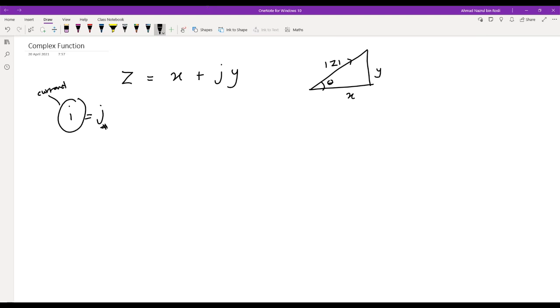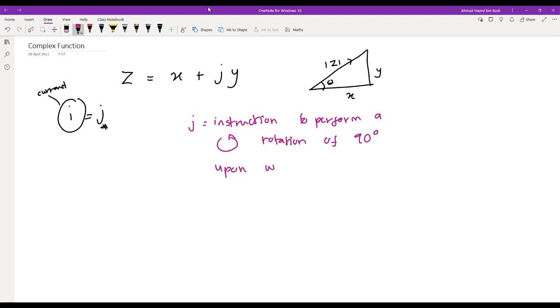So for this function, j represents a rotation. j is an instruction to perform a counterclockwise rotation, usually by 90 degrees, upon whatever it precedes.